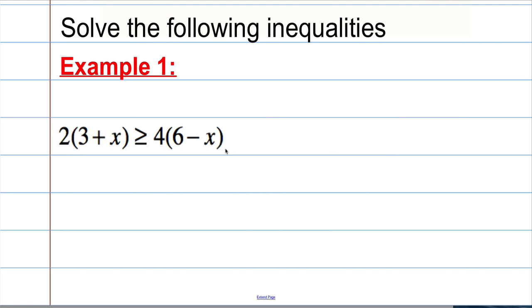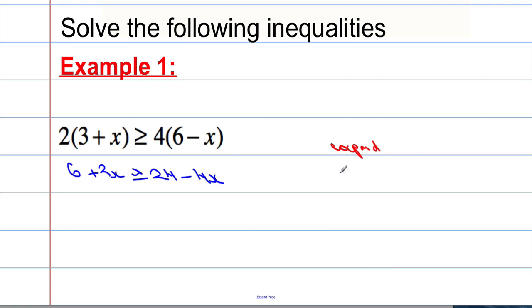I need to solve this inequality just like I would an equation. Expand the brackets. So we're going to expand first, and we get 6 plus 2x greater than or equal to 24 subtract 4x.